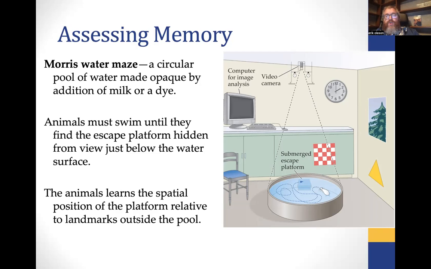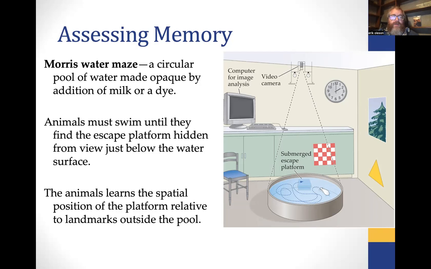For spatial memory, there are typically signs placed outside, like this red and white checkerboard and the yellow triangle. Those are contextual cues that the animal can use to remember where the platform is.